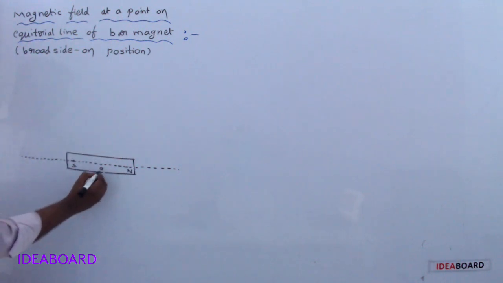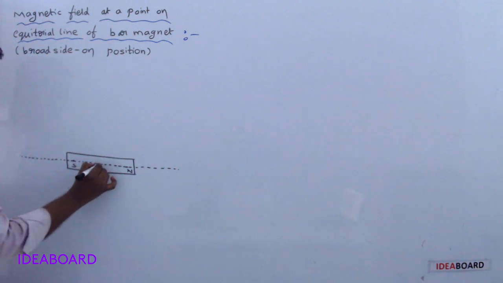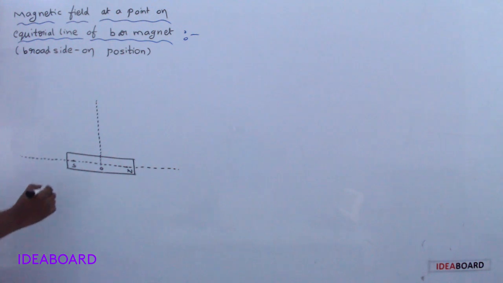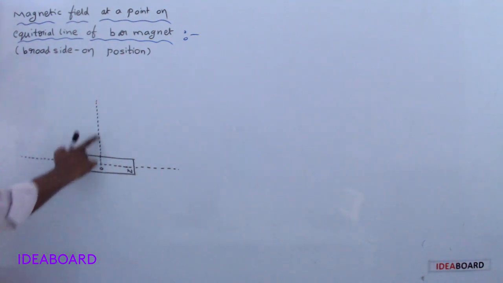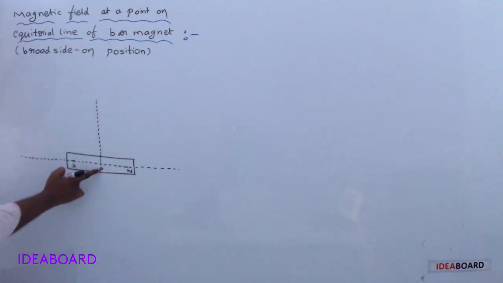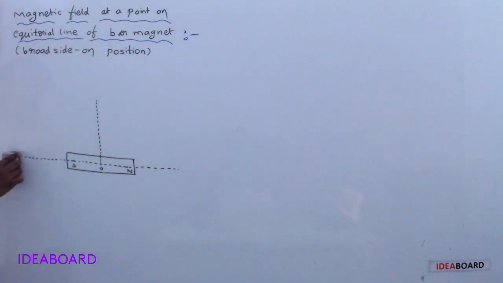Passing through the midpoint of the magnet means it 100% passes through O. Then this line is called the equatorial line. This is the axial line, this is the equatorial line. Again, what is the equatorial line? The line which is perpendicular to the axial line and passing through the midpoint of the magnet.